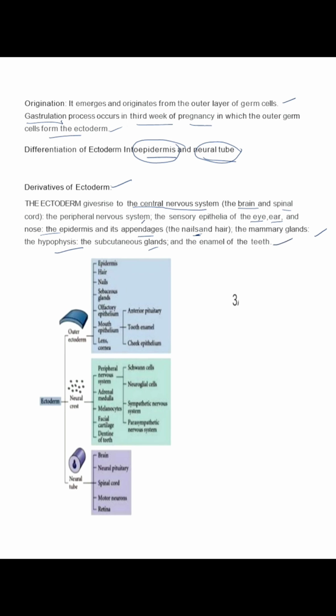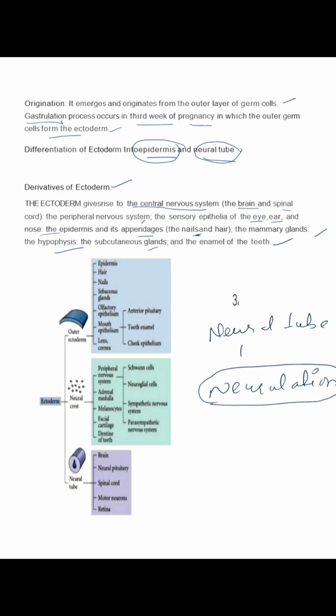So as it is forming the epidermis and the neural tube, the process where the neural tube is formed is called neurulation. While forming this, in the entire mechanism of neurulation, different types of cells are formed.